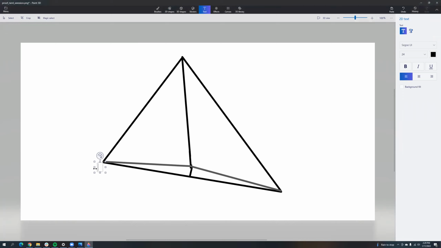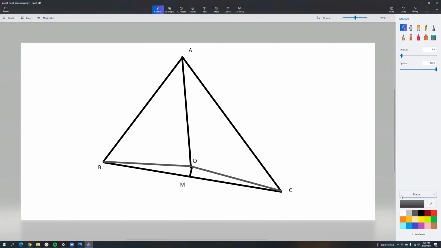Only for you, David, I'm going to do it again. Look at this. A, B, C, right? A, B, C, this is M from middle, and this is O. Right? I'm going to mark this as the same because it's the... I'm going to write it here.